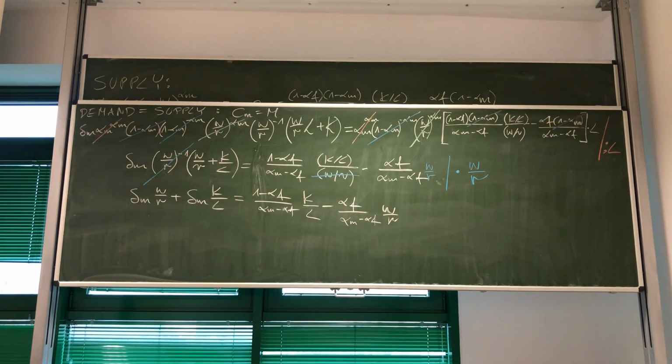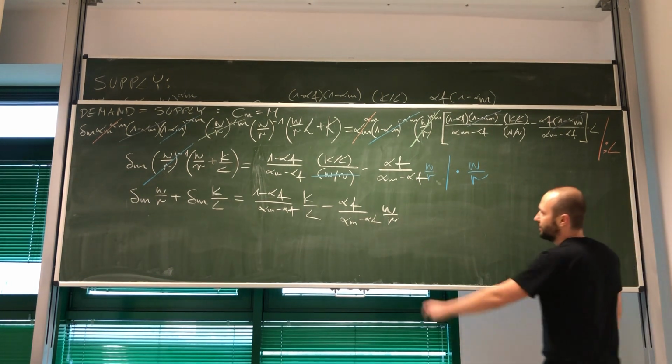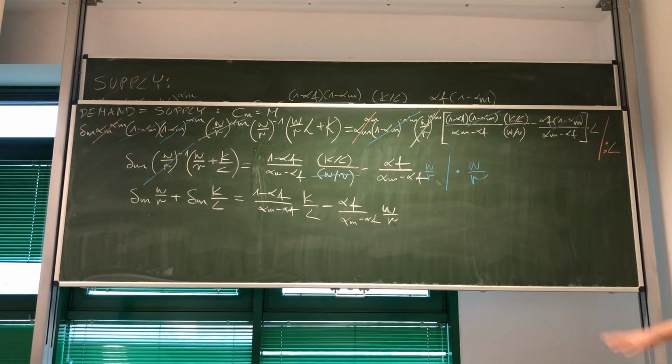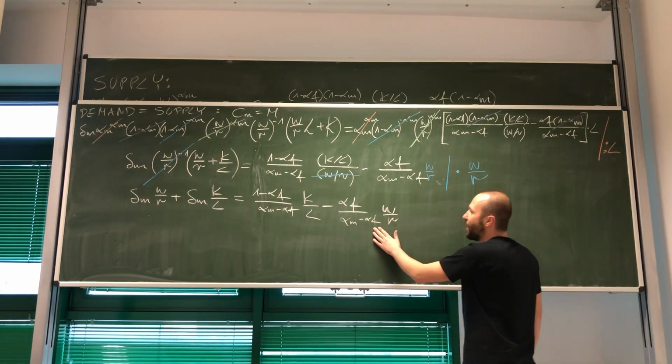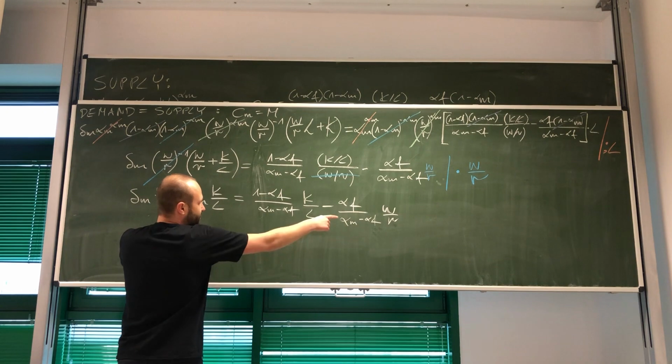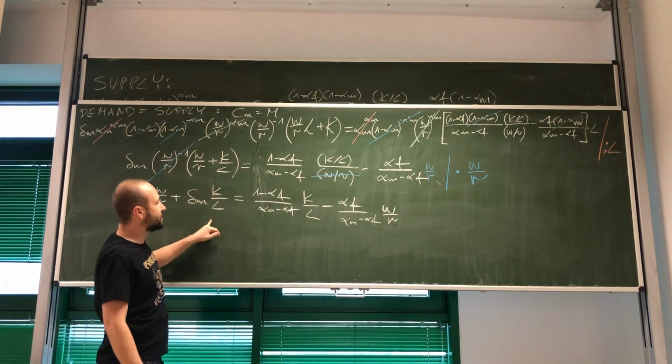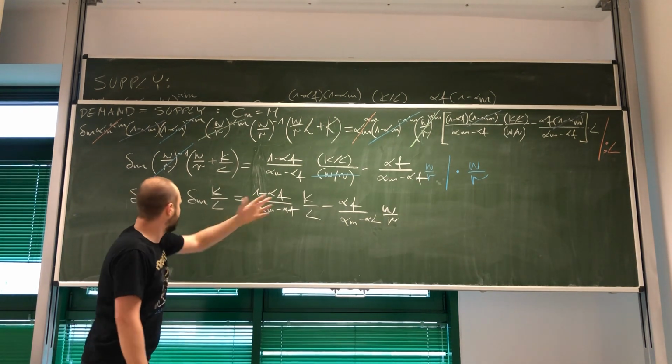Well, we want to solve it for wage to rent ratio. So let's put all the expressions with wage and rent ratio on the left hand side, and all the expressions with capital to labor ratio on the right hand side.